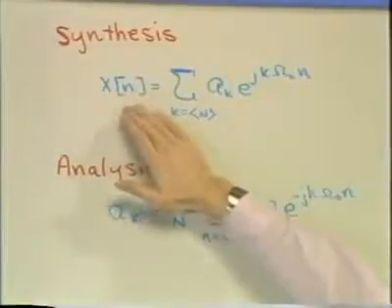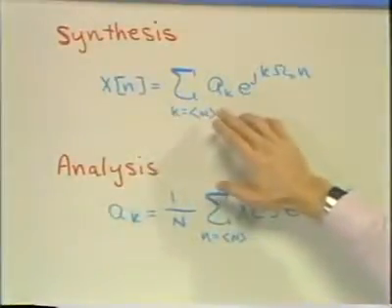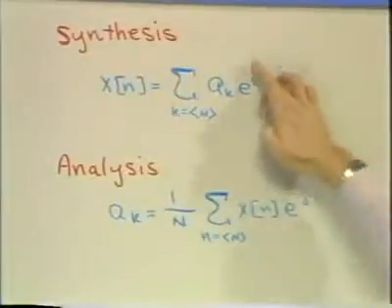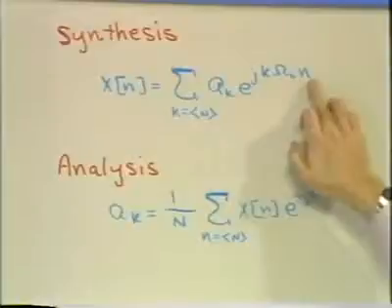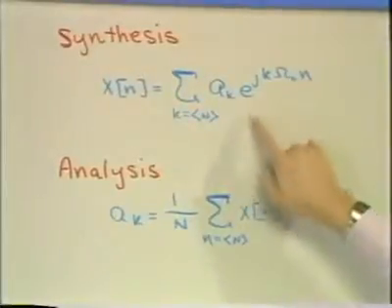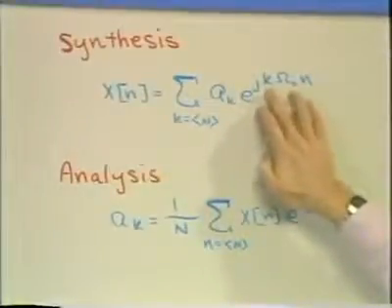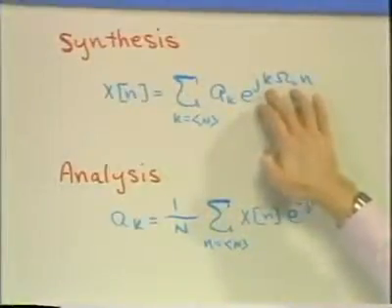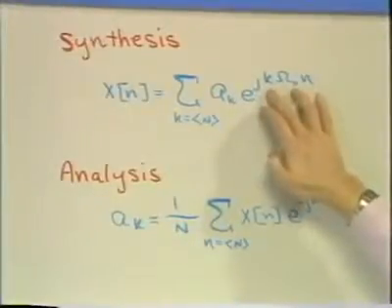Again, x of n, our original signal, is periodic, and of course the complex exponentials involved are periodic. They're periodic, obviously, in n, but in contrast to continuous time, these repeat in k. In other words, as k omega 0 goes outside a range that covers a 2 pi interval.